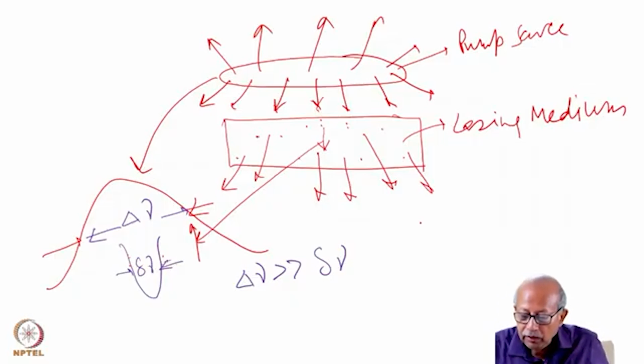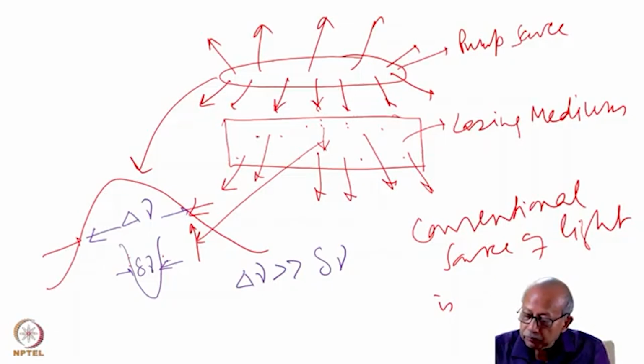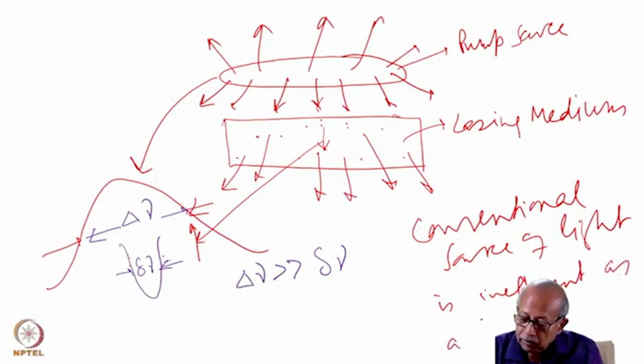And that is why a conventional source of light is impractical, is inefficient, as a pump source for a gas laser.